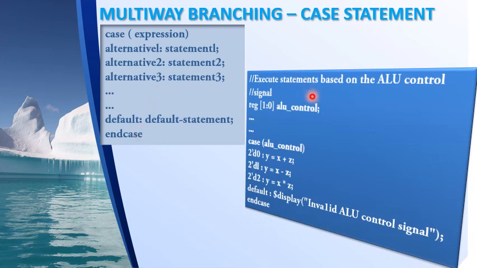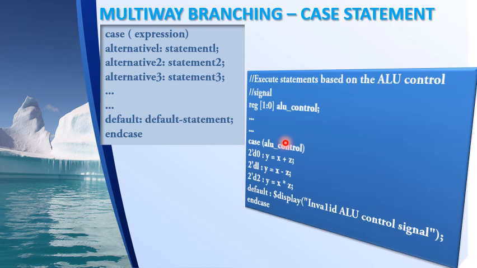As an example, we'll see the same example that we have written for multi-way branching, that is, the type 3 if statement. Since the case expression should be a single entity, because we are going to verify this expression with these alternatives, the alternative values you are giving should be compatible with the expression.